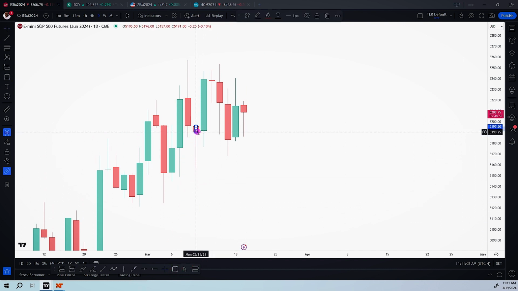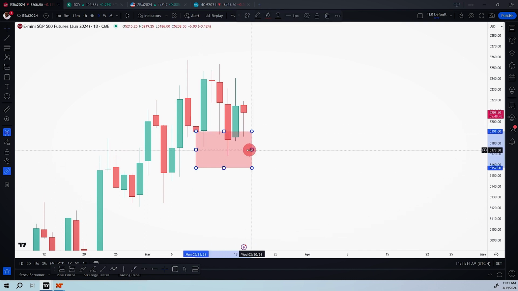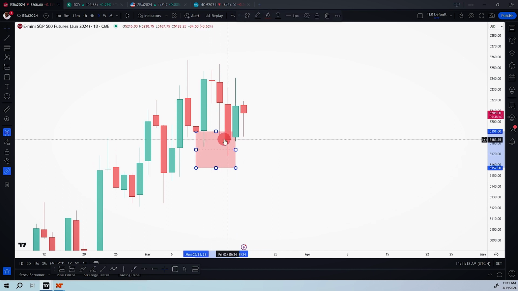When I look at the daily candles, I kind of focus on the bodies, right? See how we got this super long wick right here? We got this super long daily wick. Let's go into that. You can explore any PD array you want, but we'll just stick with the order blocks.